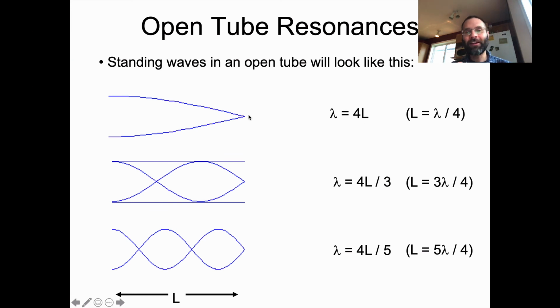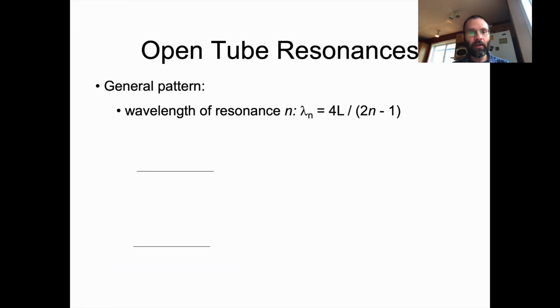How do we characterize that mathematically? If we want to make a more general formula, we can write it out like this. The wavelength of resonance n, or lambda sub n, equals 4L divided by 2n minus 1. So this 4L part is staying constant for all of these. And this is just the bit that enables you to jump up by odd numbers in the denominator of the fraction.